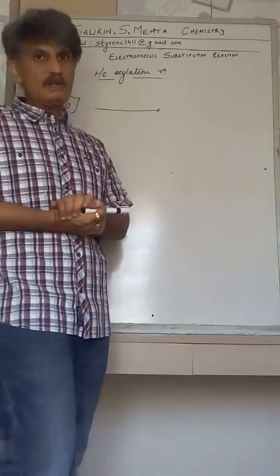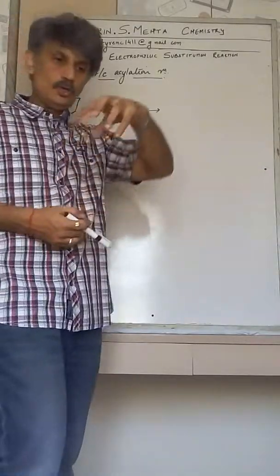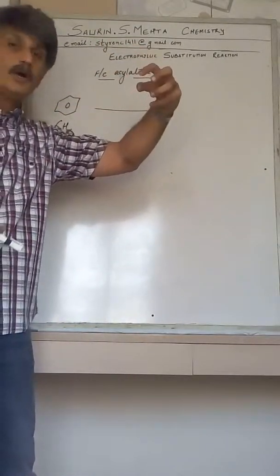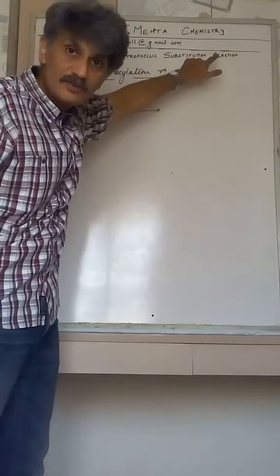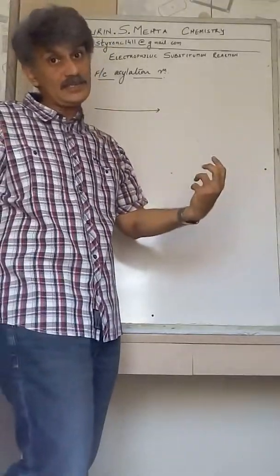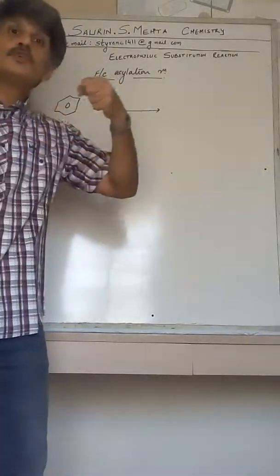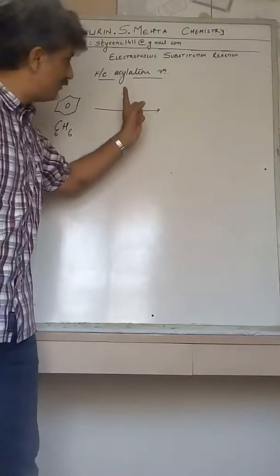That is one possibility. You can choose acetyl chloride, you can generate an aceto group. Why aceto group? Because we are on with electrophilic substitution reaction. We have studied earlier, we need an electrophile for the reaction. So from acetyl chloride, you can pluck aceto group. That is one reagent you can have a choice of.